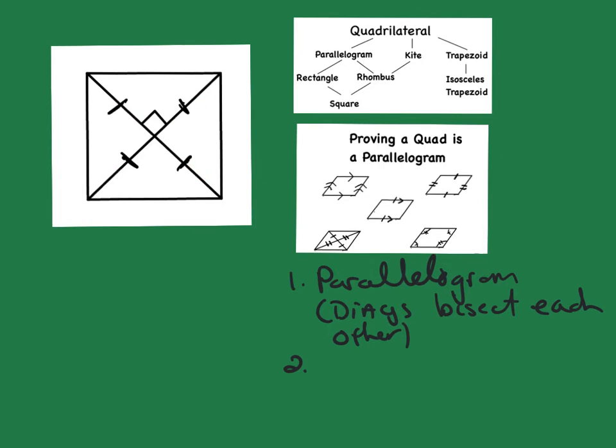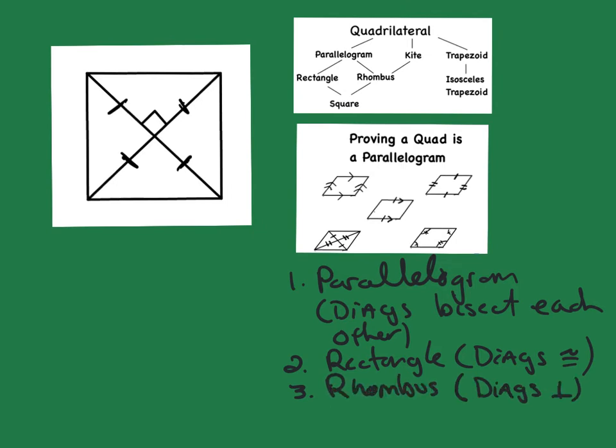So that means that the diagonals are congruent. So this figure is also a rectangle. But we can see from the figure that the diagonals also are perpendicular, which means that this figure is also a rhombus. So if a figure is a rectangle and a rhombus, this figure is also a square.